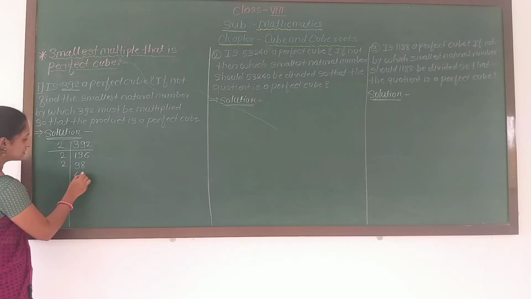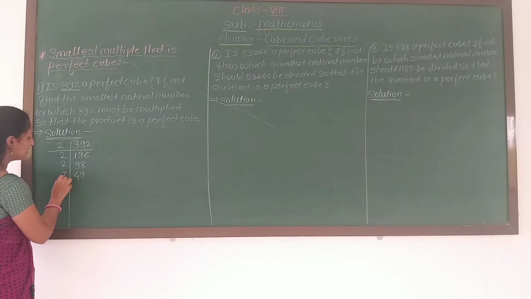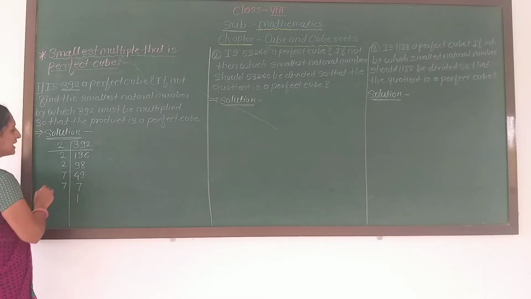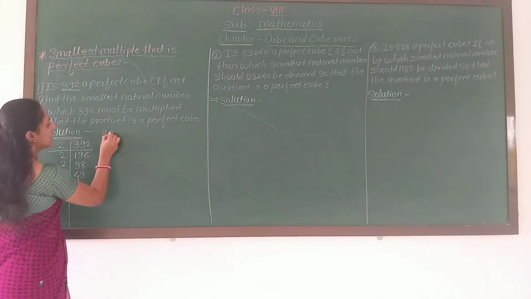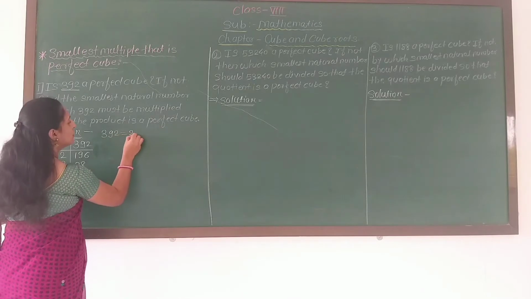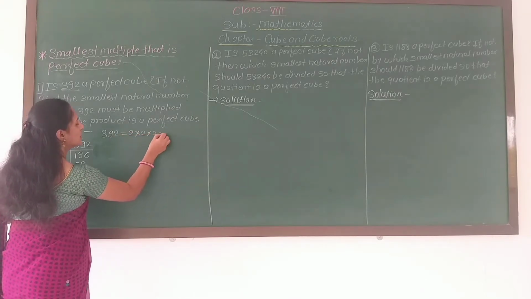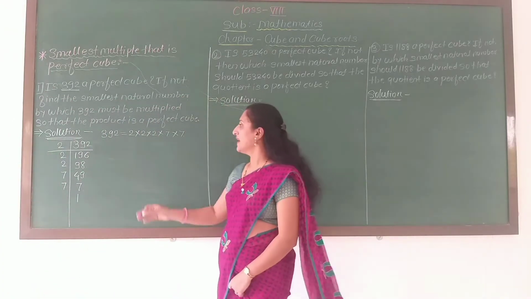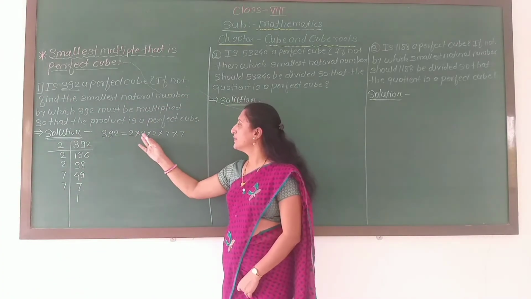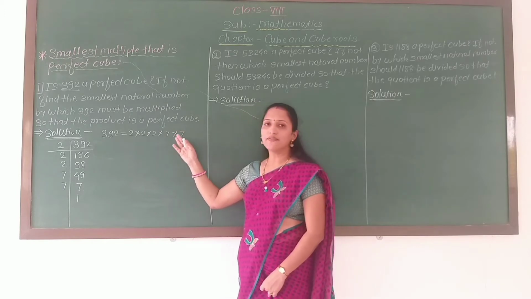After that, 7 sevens are 49 and 7 sevens are 1. That means prime factors of 392 we can write as 392 is equal to 2 into 2 into 2 into 7 into 7. So look at here, prime factors of 392 are 2 into 2 into 2, 7 into 7.